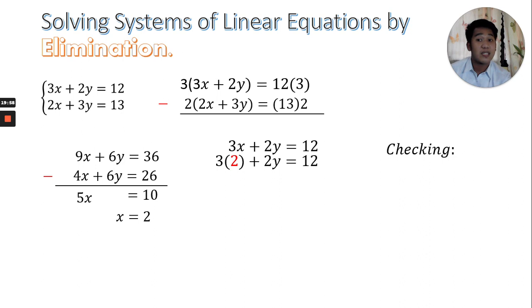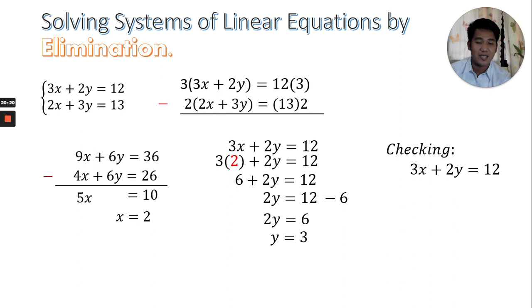We have 3 times the value of x, which is 2, plus 2y equals 12. Then simplify, 6 plus 2y is equal to 12. Then addition property of equality, 12 minus 6. We have 2y equals 6, therefore y is equal to 3. So our solution is 2 and positive 3. Let us check.